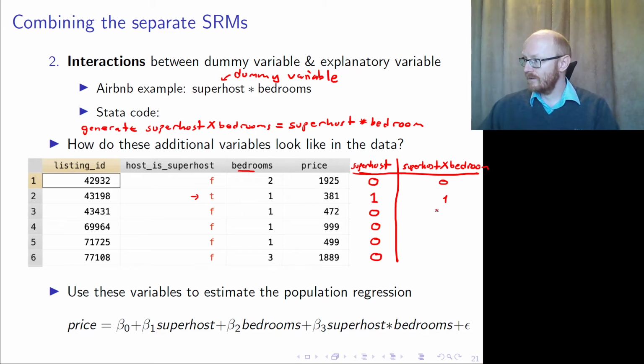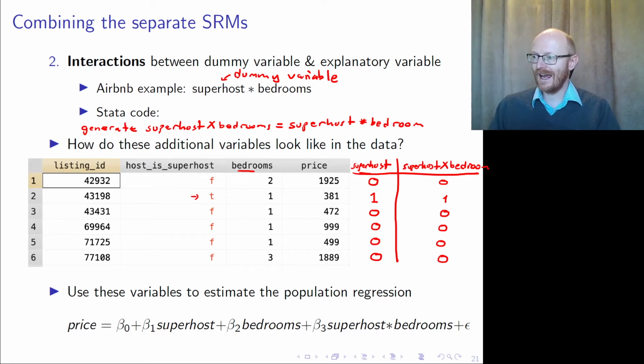Okay, so we just continue, and we note immediately, looking at the superhost, that 0 times the number of bedrooms becomes 0. Okay, so here the superhost times bedroom is positive for only one of the data points in this tiny slice.